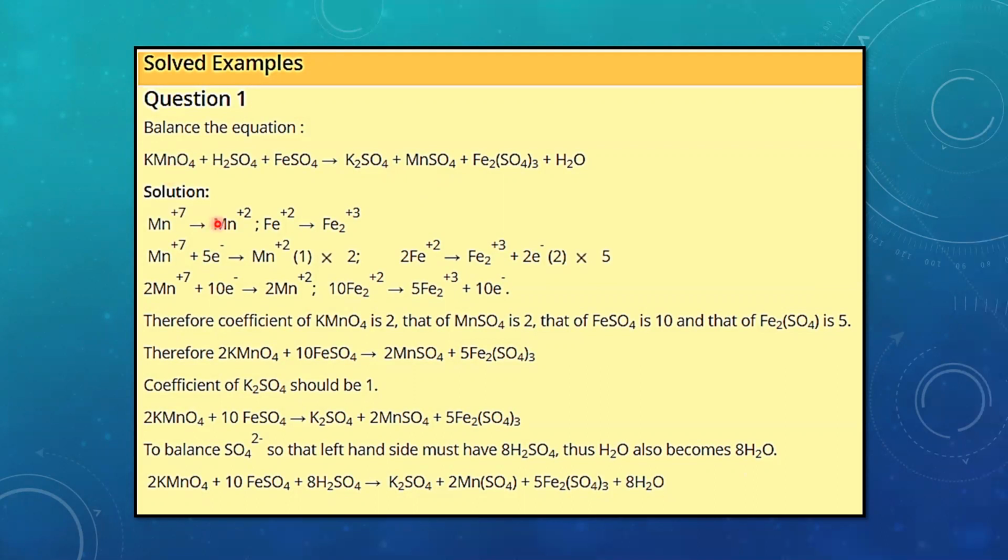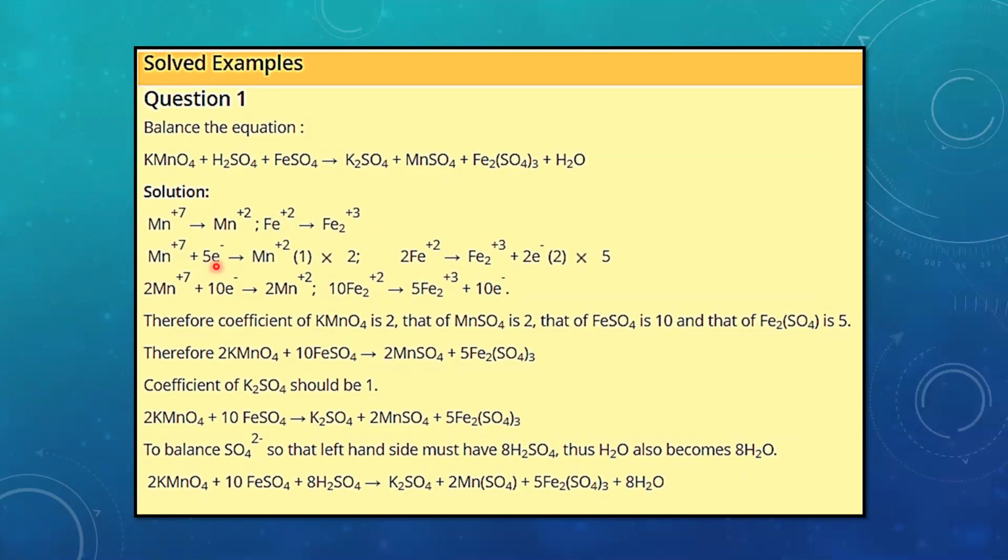Whereas in FeSO4, the oxidation number of Fe is +2, and in Fe2(SO4)3, the oxidation number of Fe is +3. So moving from left to right, the oxidation number has increased by 1. But here single Fe is +2, there 2 Fe is +3.